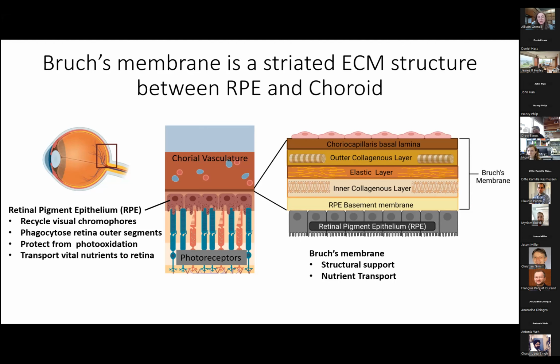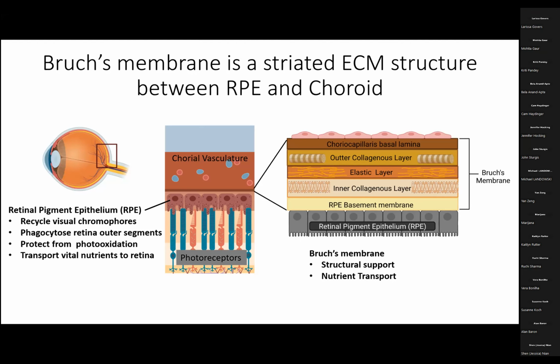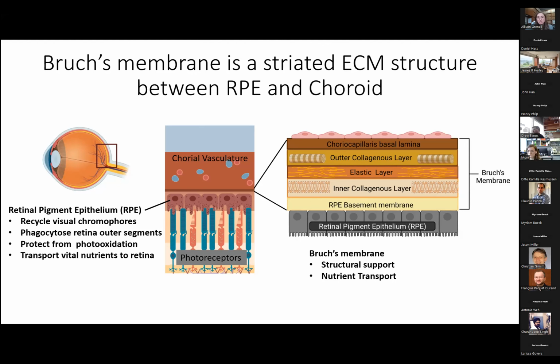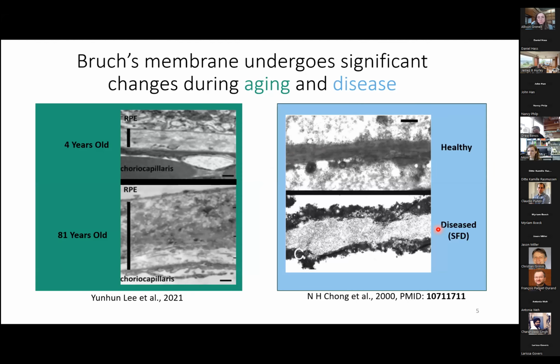And it also turns out that really early on in retinal degeneration, Bruch's membrane undergoes significant changes. Alterations to Bruch's membrane are one of the first pathological features that we can see if we look at post-mortem degenerating eyes. So here I've included two examples showing some of the changes that Bruch's membrane can undergo during aging and disease.